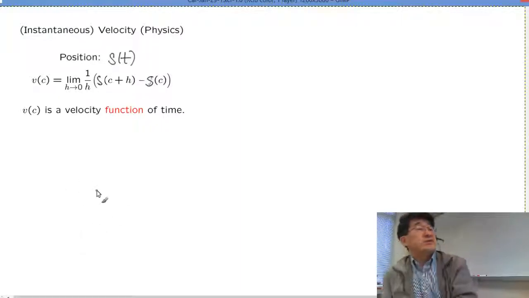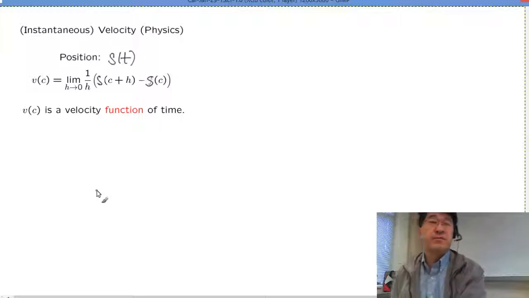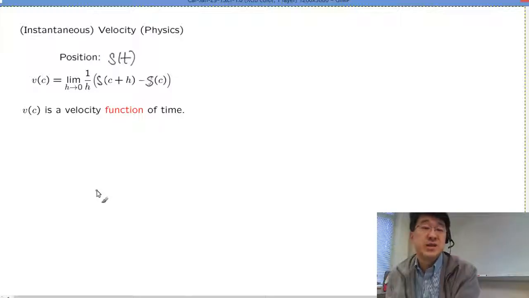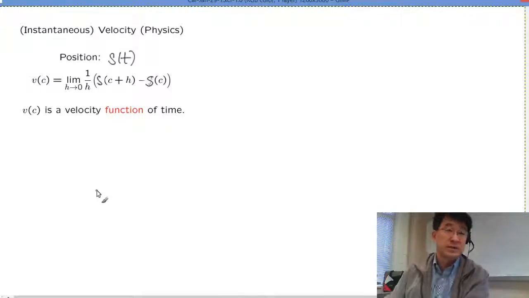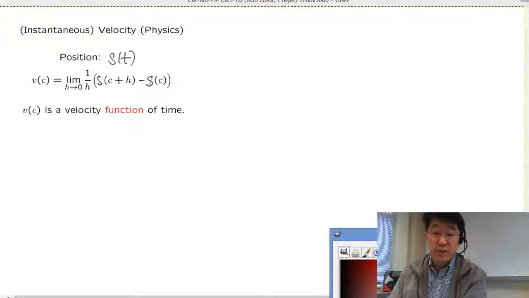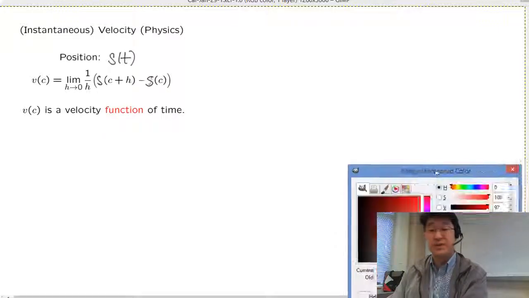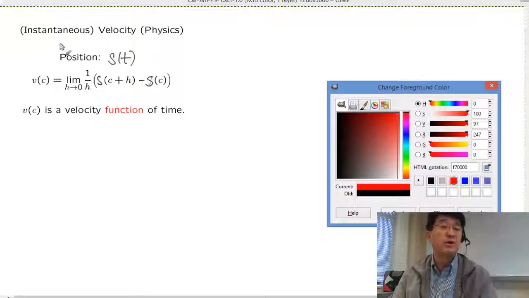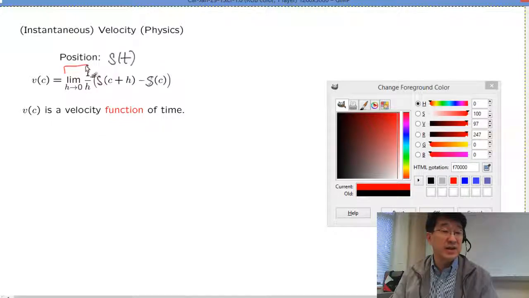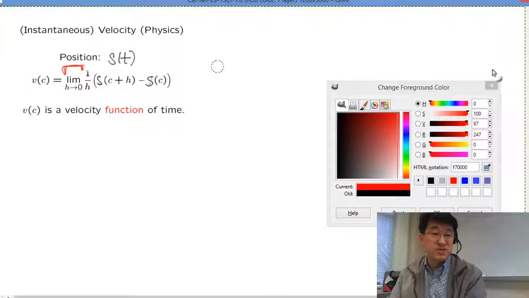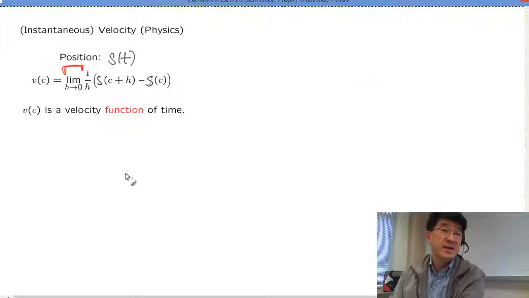What's the difference between instantaneous velocity and average velocity? You see the similarity, but instantaneous velocity has one more thing. What is it? The limit. Without a limit, that would be just average velocity, with h however small. Now we're sending that h to 0, and we define that as instantaneous velocity.